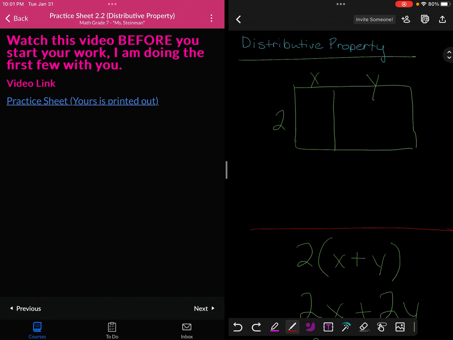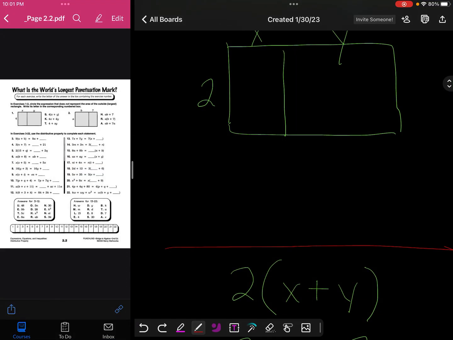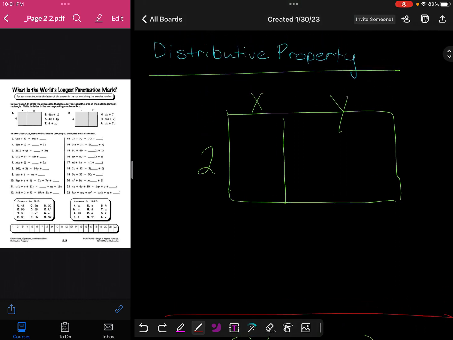Yours is already printed out, so have that next to you with notebook paper, and you're going to do the first few with me. So before we start, I'm going to show you an example of the top right here. So remember, the outside number goes to everything on the inside.